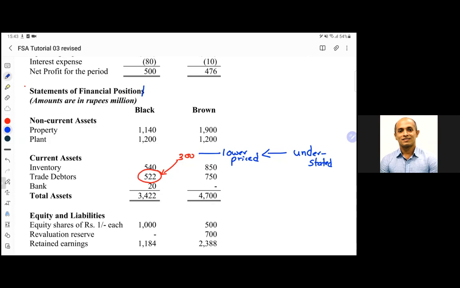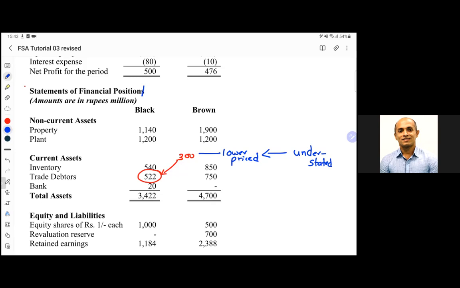Now, what is the usual transaction price? Cost plus 50%. So you can adjust the entire debtor balance to the usual transaction price.